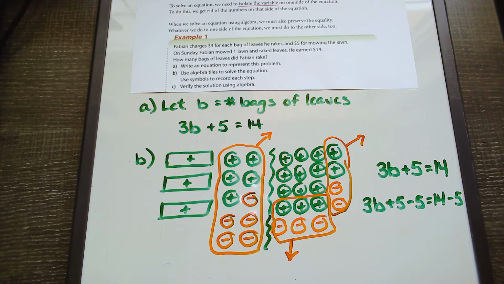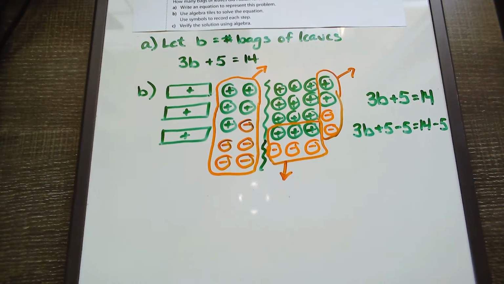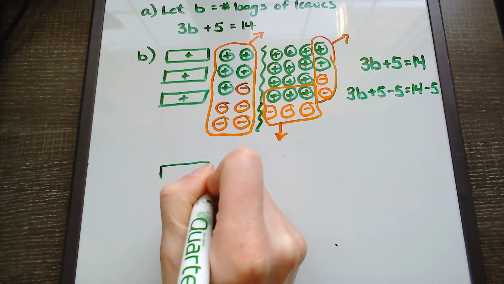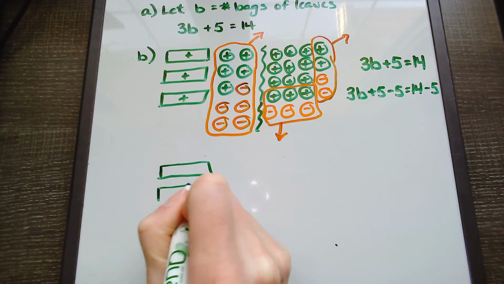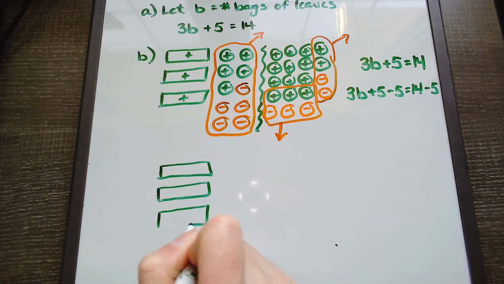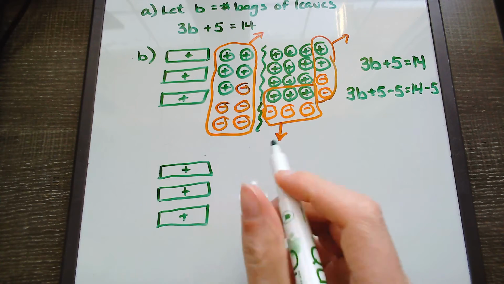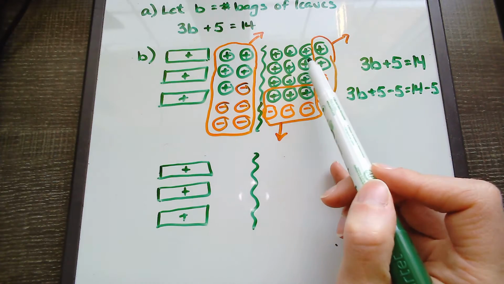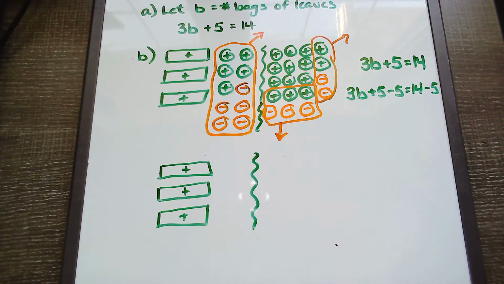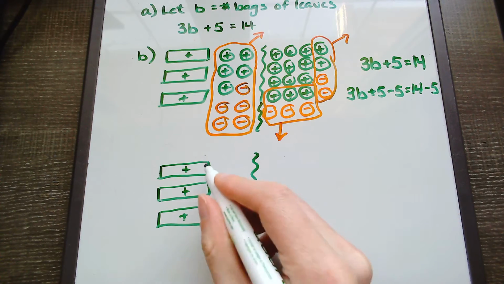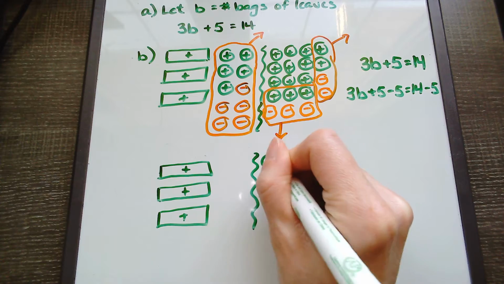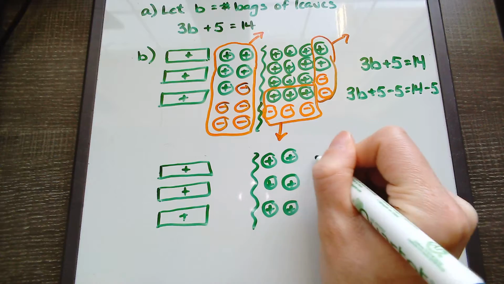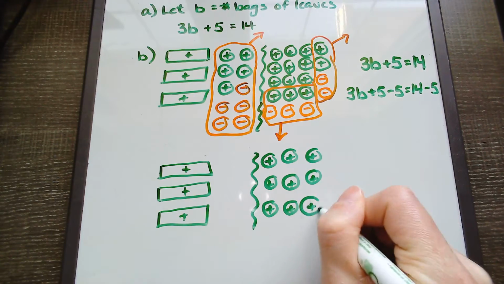Let's rewrite our next step for our algebra tiles. I have 3 variable tiles left, my little equals squiggly, and I have 1, 2, 3, 4, 5, 6, 7, 8, 9 tiles left here, and I'm going to divide them or put them in 3 rows. 1, 2, 3, 4, 5, 6, 7, 8, 9.